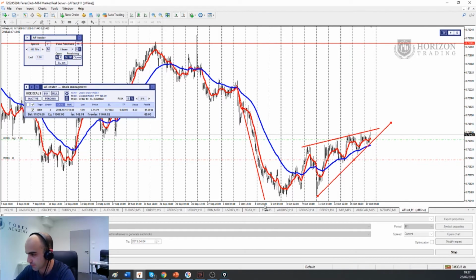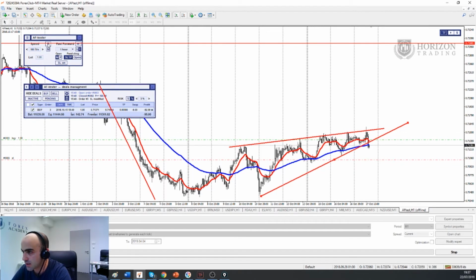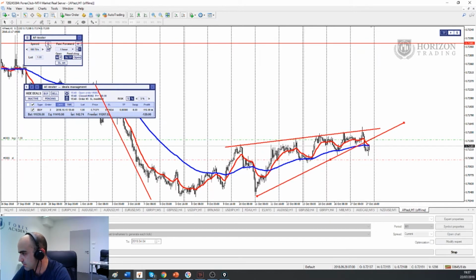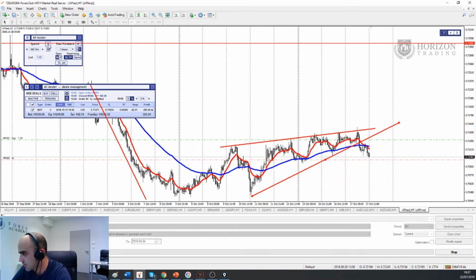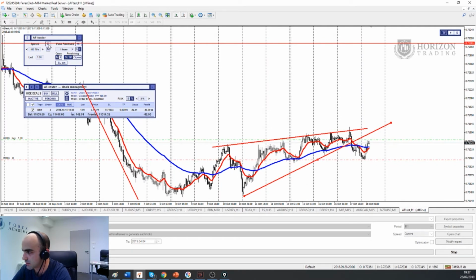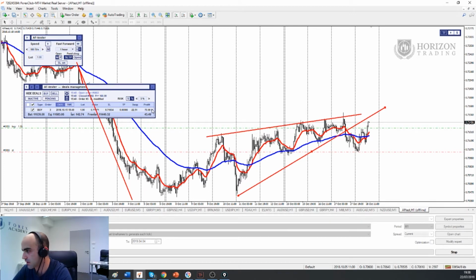But let's see. I really would like to check out how the market is going to behave in this case, and we'll see over here. So we're possibly going to take the stop loss over there, or actually if the trend is still going up over here, I believe that this is a good opportunity to close with some profit, even though not the best, but it's a very good opportunity.